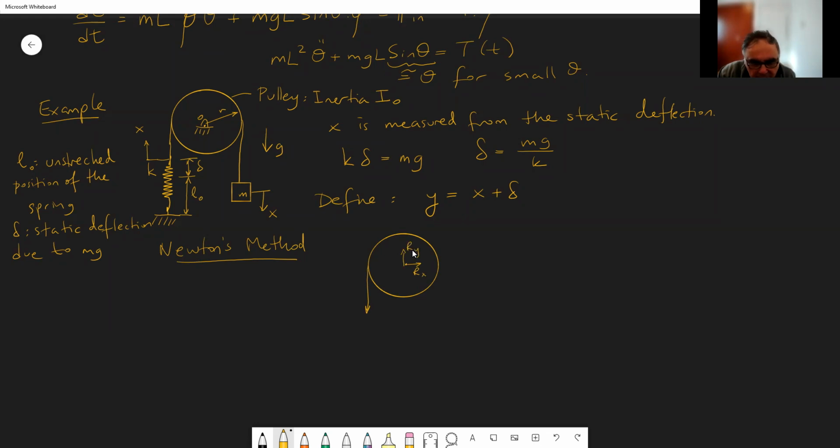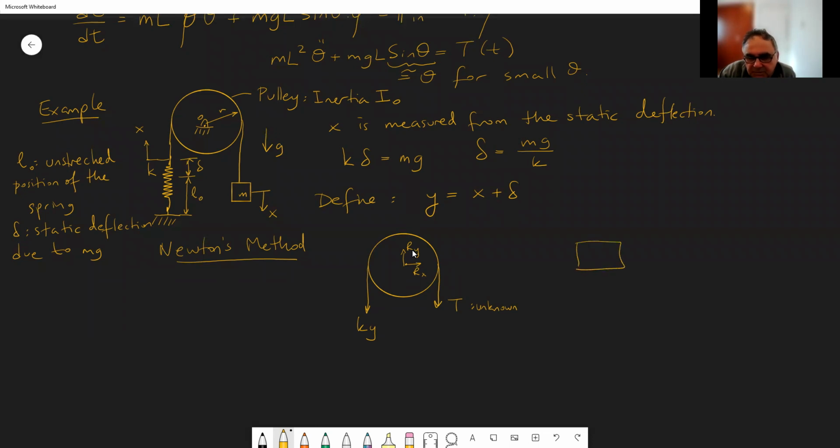These are not too important, but let's put them. The spring force that comes here is Ky downwards. And on this side of the pulley, you have a tension force, which is unknown. Okay, so these are all the forces on this thing.